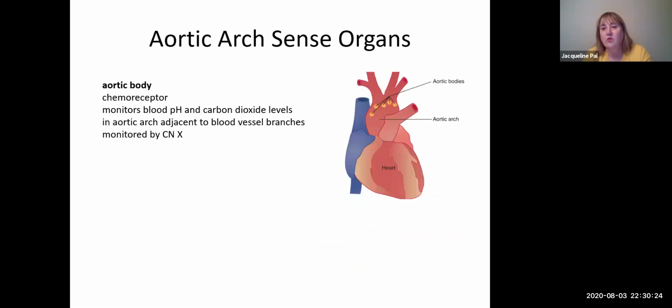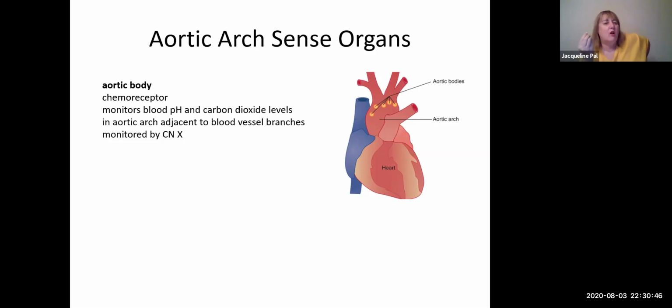Now, similar to the carotid artery, the aortic arch has some sense organs, and there's two of them here as well. The aortic bodies are chemoreceptors, and they are right near where the brachiocephalic trunk, the left common carotid, and the left subclavian arteries come off of them.